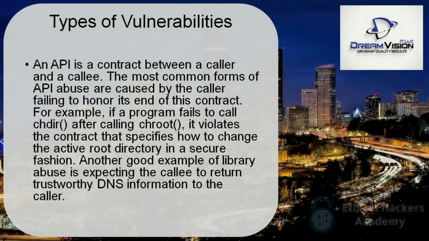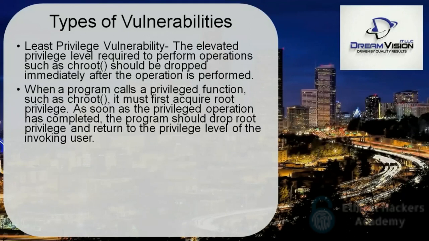So with the API, when that contract is failed to be honored, some bad things can happen, which you see here on the slide. We'll go ahead and move forward.